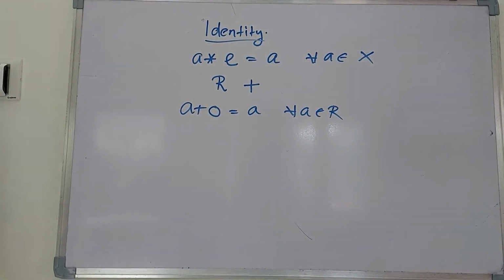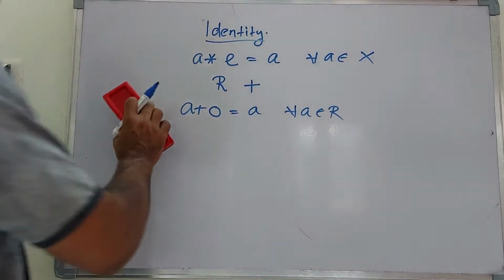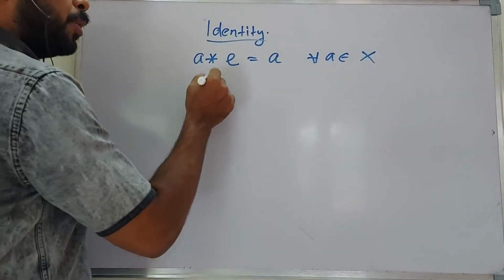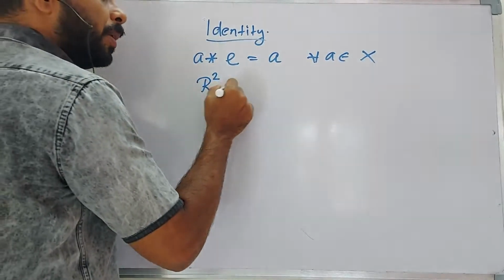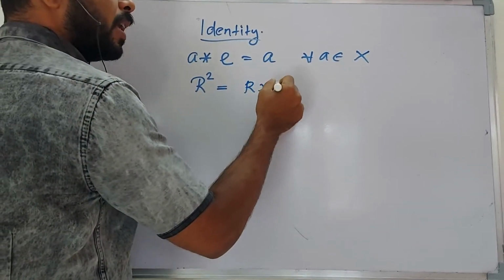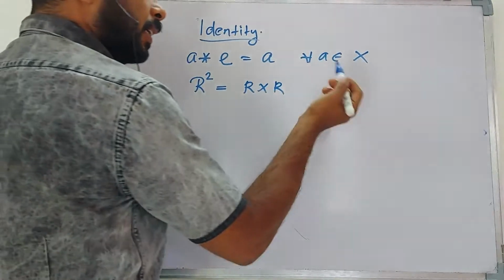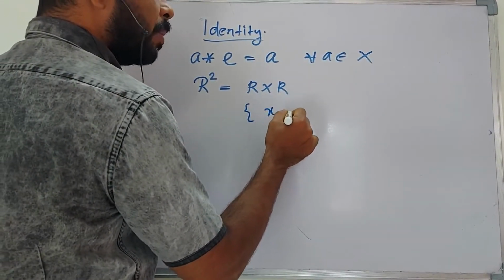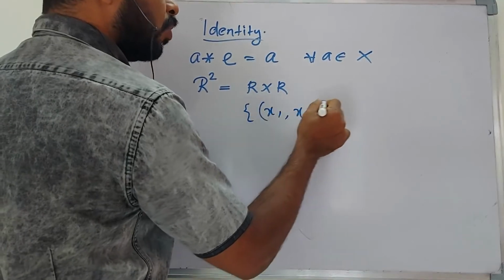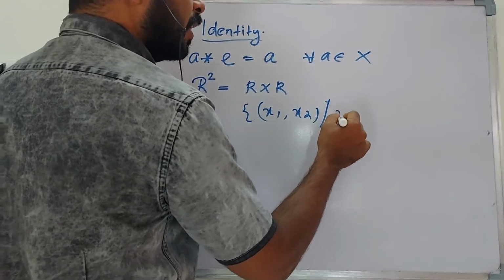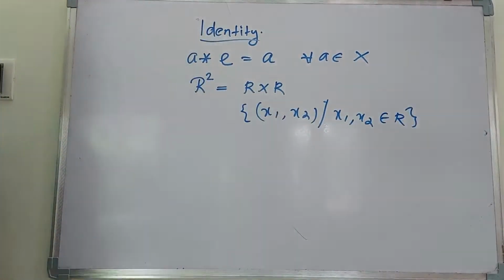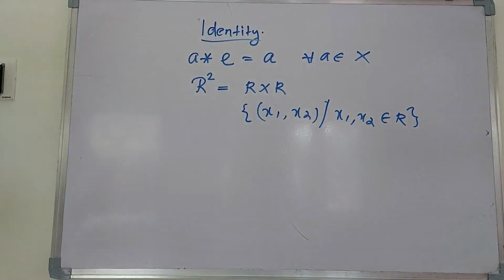Now, if we consider the space R2, R2 means R cross R. It is the set of all ordered pairs of real numbers x1, x2 such that x1, x2 belong to R. This is R2, the set of all ordered pairs.